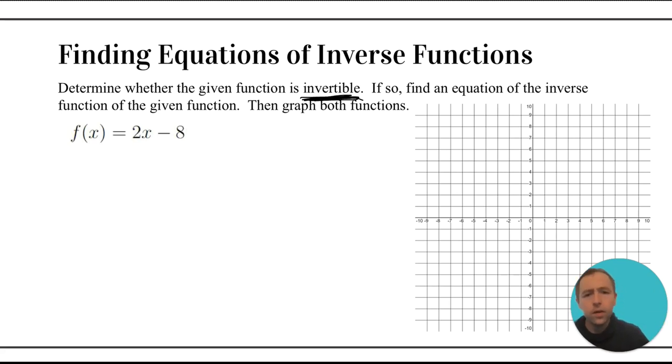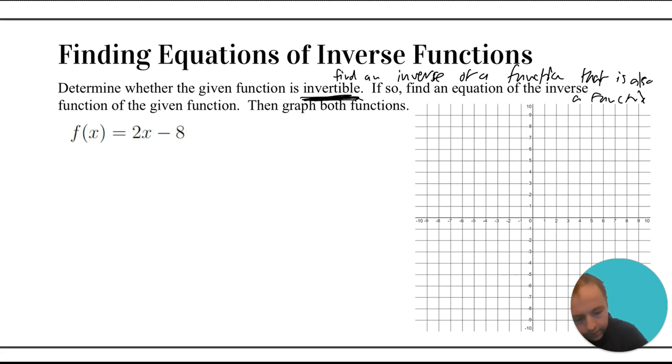What it means to be invertible is that you can actually find an inverse of a function that is also a function. Okay, so invertible means that both the original and the inverse are both actual functions, passing the vertical line test when you graph both of them.